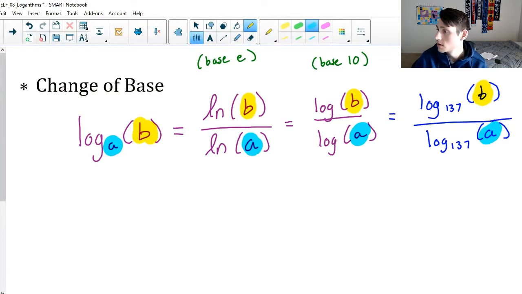So let me bring out my calculator for a second. I'll move it over here.